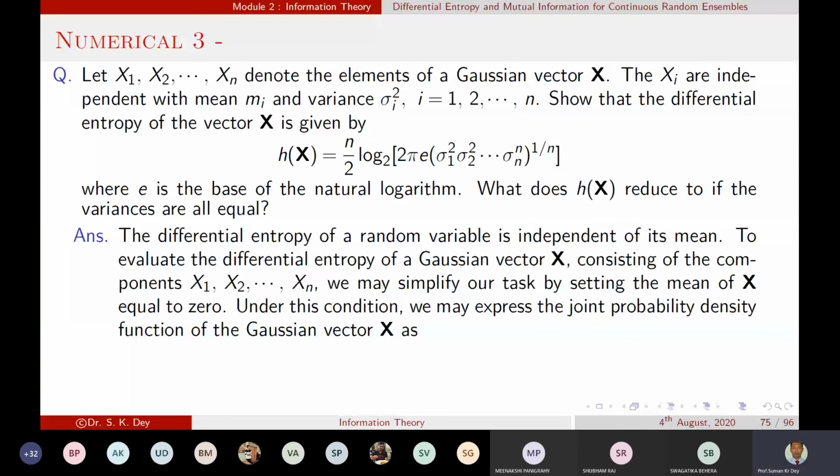Since they are independent, the differential entropy is independent of its means. So when that term is there, that means we are setting the mean to 0. Is that clear? If it is mentioned as something else, then we have to consider that. But if it is not mentioned and they are independent, then we can consider the mean value equal to 0. Okay.